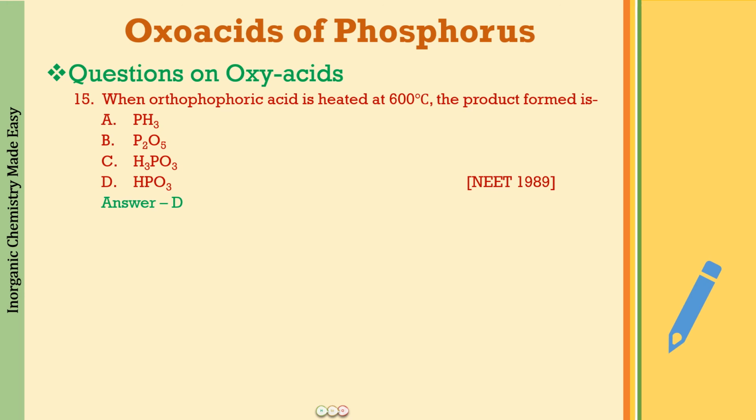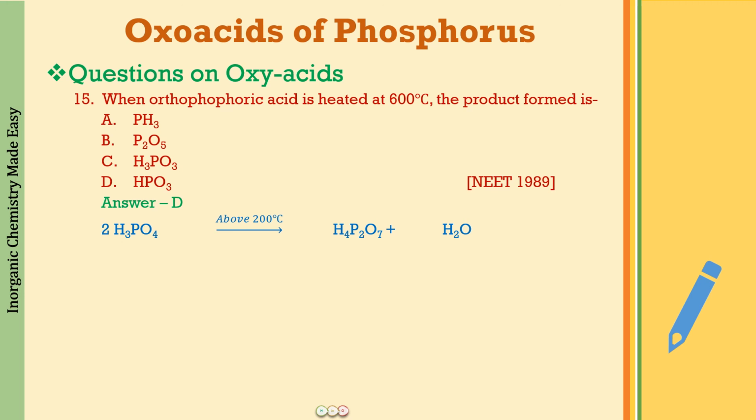All right, now this is one reaction which has not been given in the NCERT textbook in the table where all the oxo acids of phosphorus have been given. So just remember this, that when we heat orthophosphoric acid at a temperature above 200 degrees Celsius, about 250 degrees Celsius actually, first of all pyrophosphoric acid is formed.